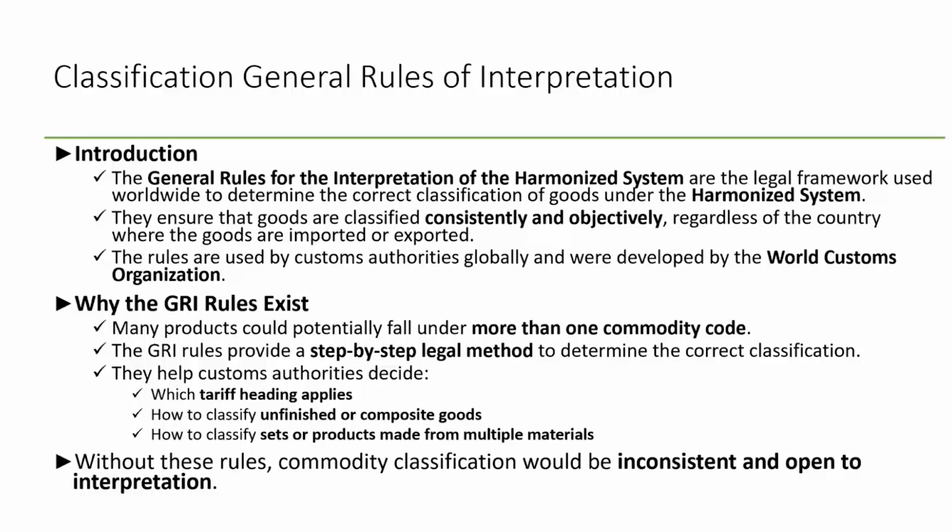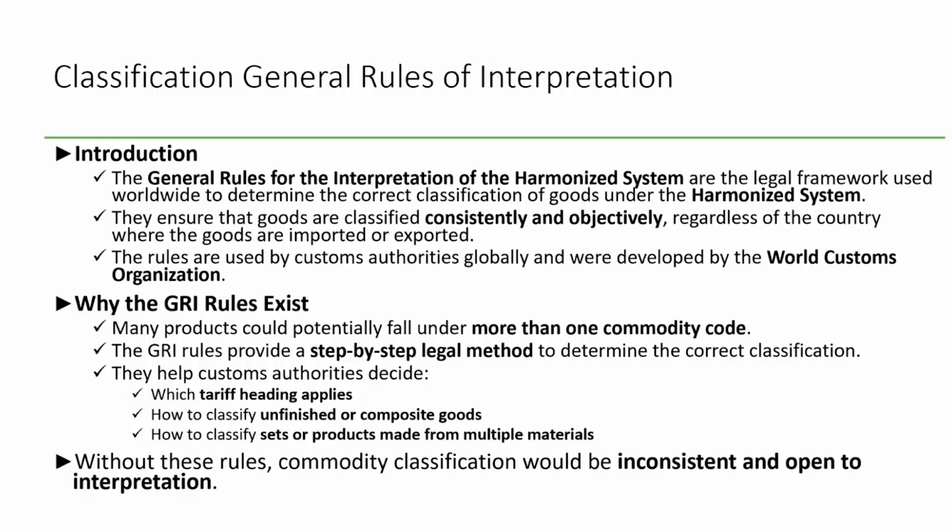So why do the GRI rules exist? Many products could potentially fall under one or more commodity codes. The GRI rules provide a step-by-step legal method to determine the correct classification. So that's what I just mentioned earlier. If your commodity code could fall under one or more classifications, you follow the GRIs to make sure you're identifying the classification that is closest to what you're importing or exporting.